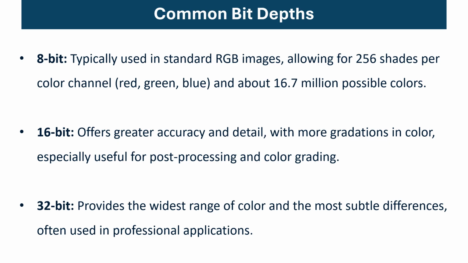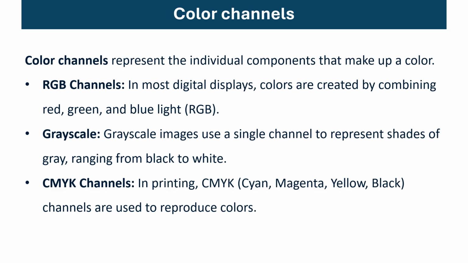Now the color channels. Color channels represent individual components that make up a color. Okay, so we have RGB channels, the red, green, and blue channels that combine together to form a specific color. RGB channels are used in most digital displays.